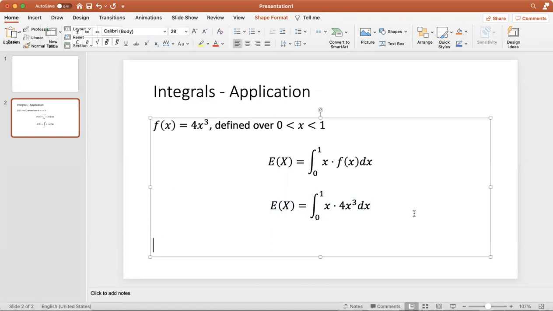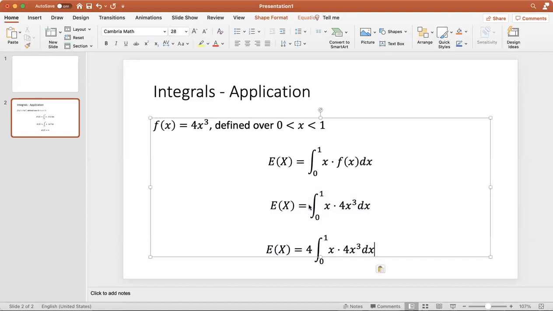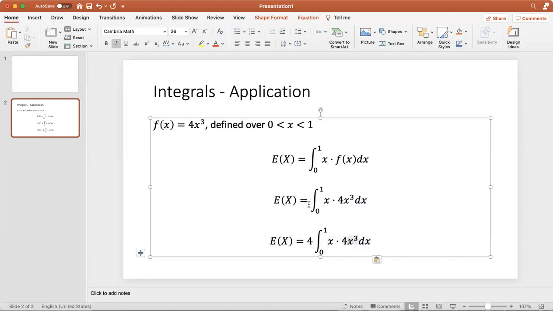So E of x will be equal to 4 times the integral of x to the fourth dx.